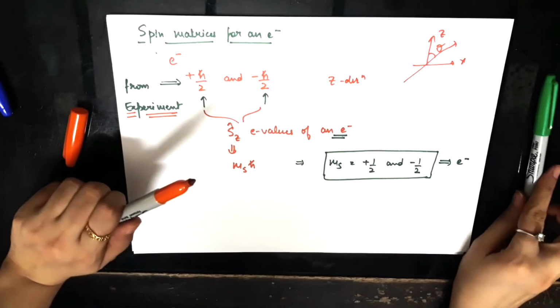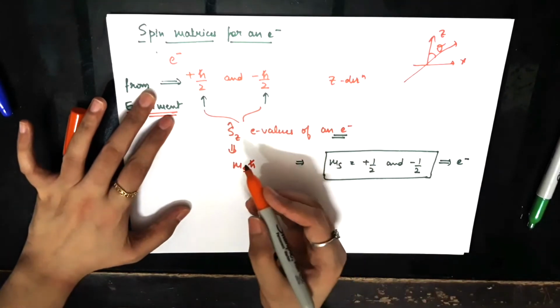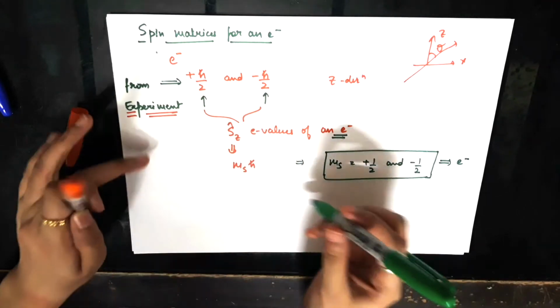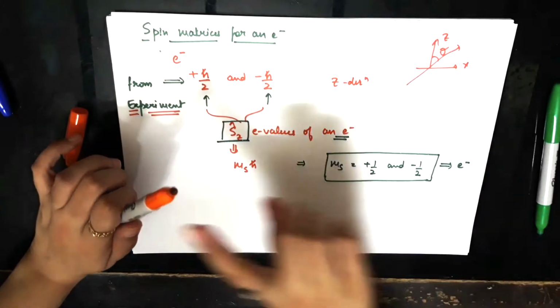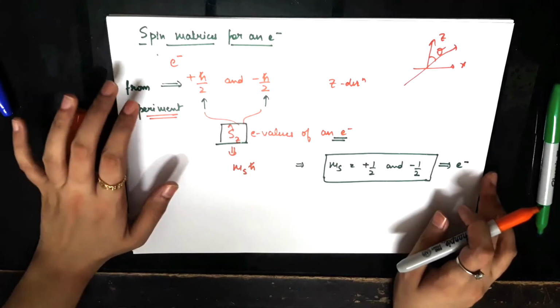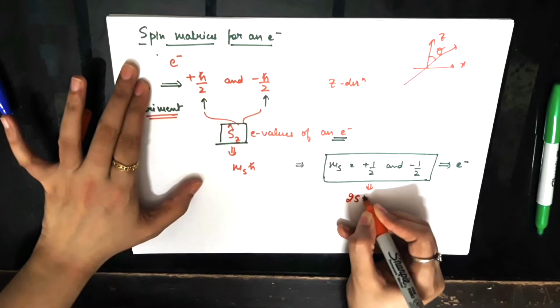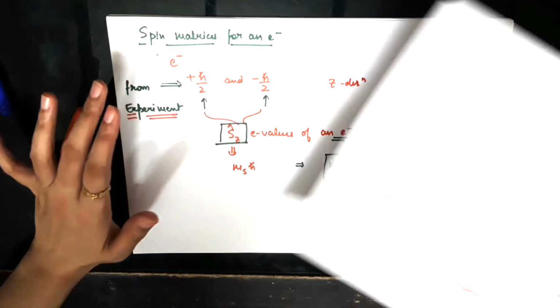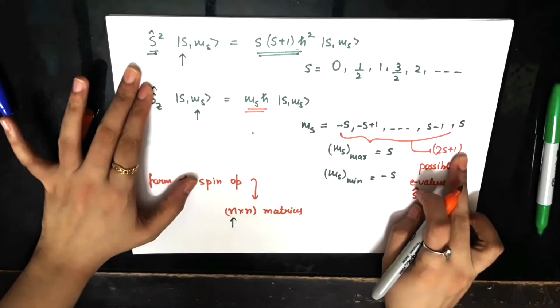Now, because I have two possibilities for the eigenvalues of Sz here, and I saw earlier that the total number of eigenvalues for Sz could be 2s plus 1, I just wrote here that the total number of eigenvalues possible for ms is 2s plus 1.